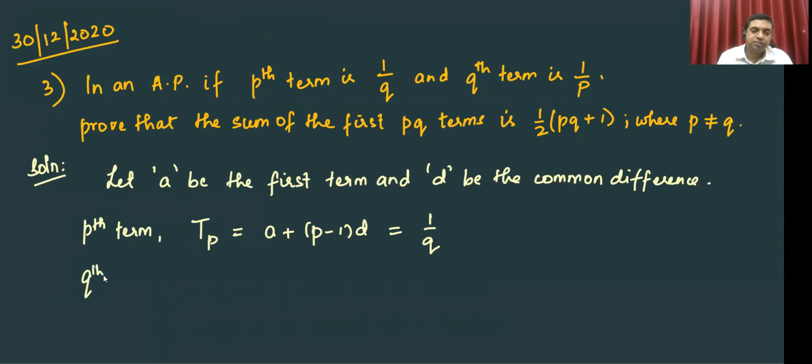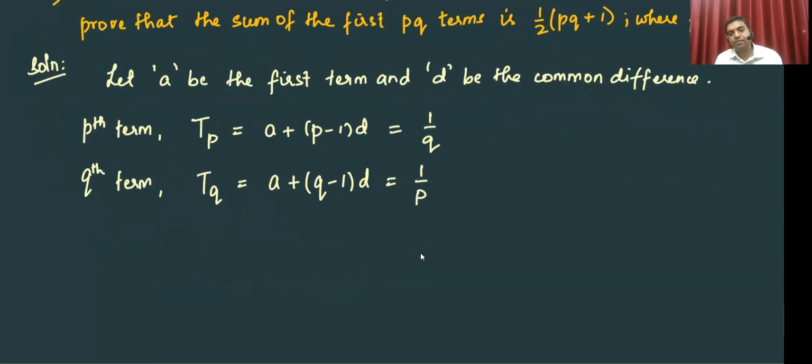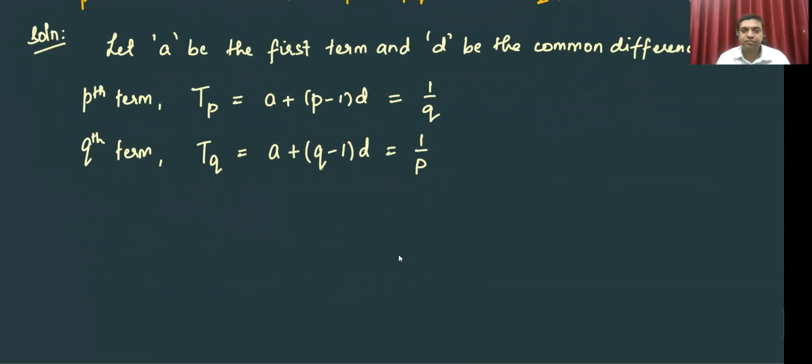Then the qth term, a plus q minus 1 times d, is equal to 1 by p.